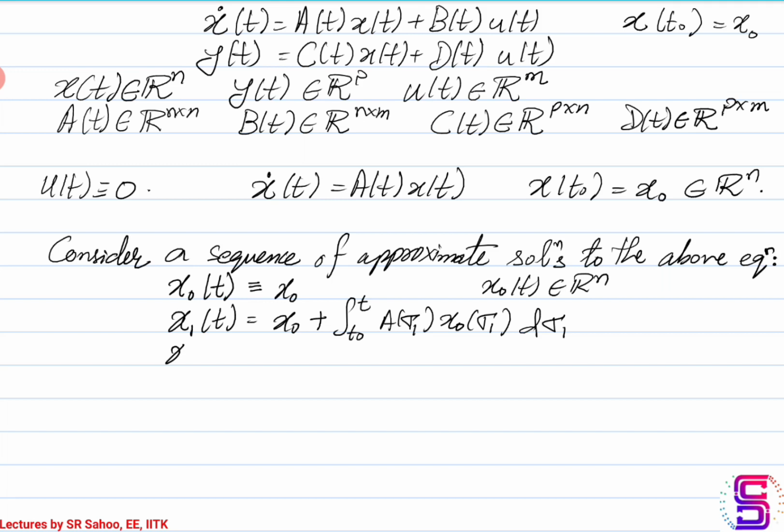That is how you keep on generating the sequence. So this is another approximation of the solution. And please note that x1 also belongs to R^n, x2 will also belong to R^n. If I generate the next one, it will be generated from x1 as this.